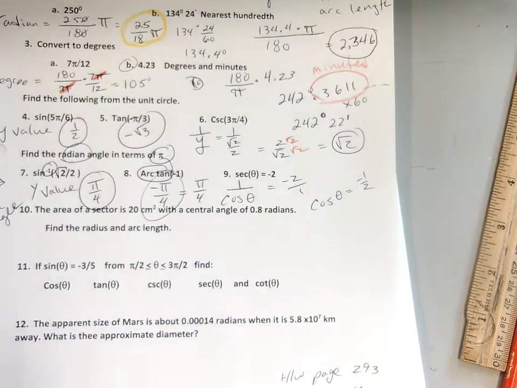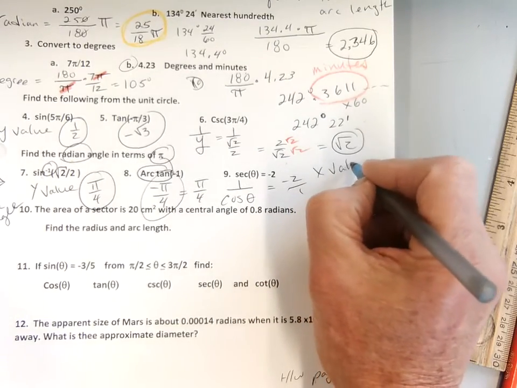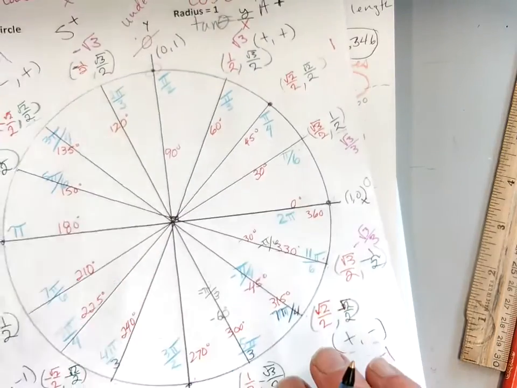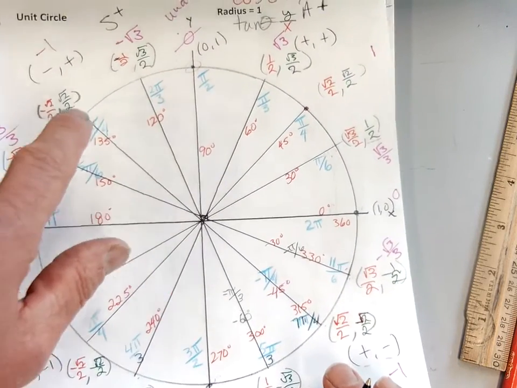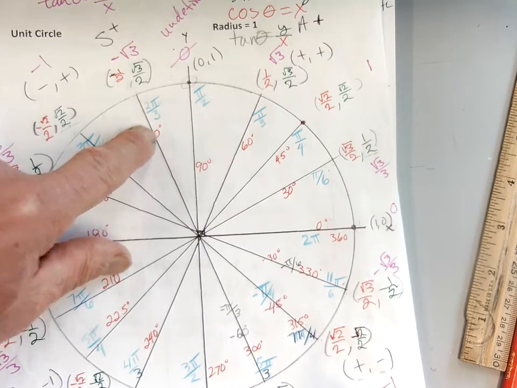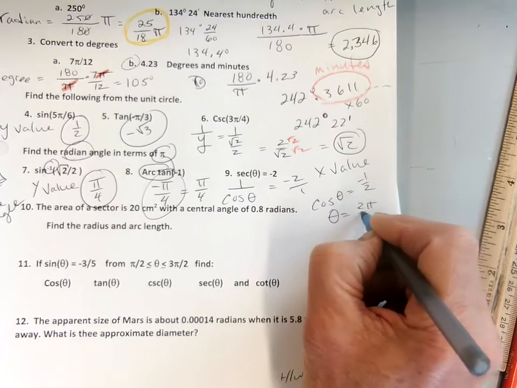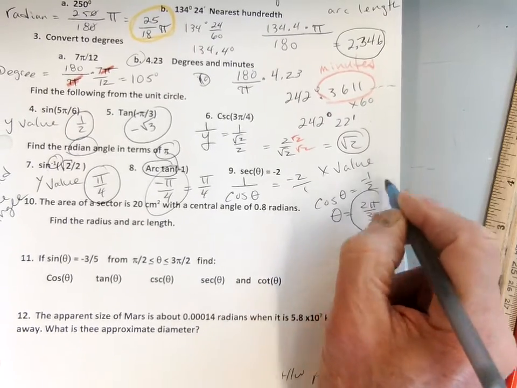I'll look for my unit circle. I'm looking for an x value, right? X value of negative 1/2 is right here, 2 pi thirds.